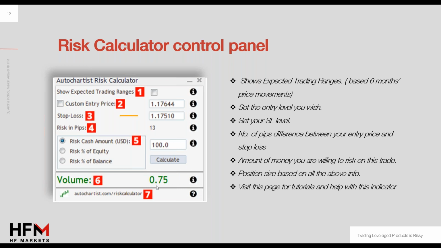So what should be your position size in order to lose only $100 if it comes against your decision, or if it comes in your favor, how much you can win. So basically, it helps you find the appropriate position size based on the input and the info that you have provided.